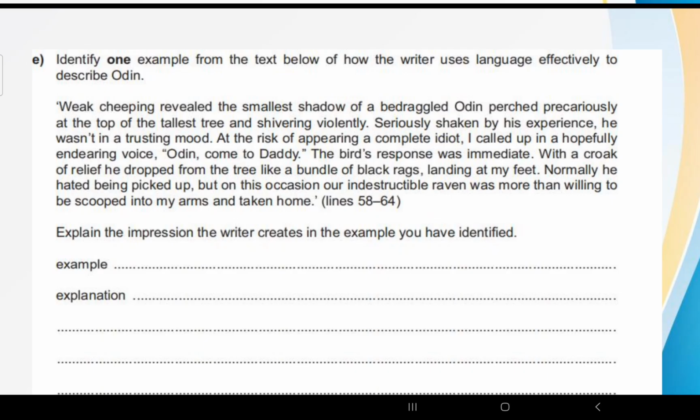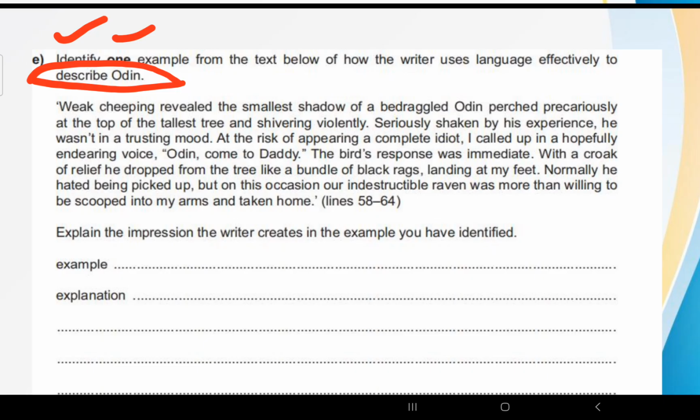Now, copying the example about what? You need to be very clear about the focus of the question. First thing is identify, second thing is one example, next thing is of what? Of how the writer uses language effectively to describe Odin. This is the focus.